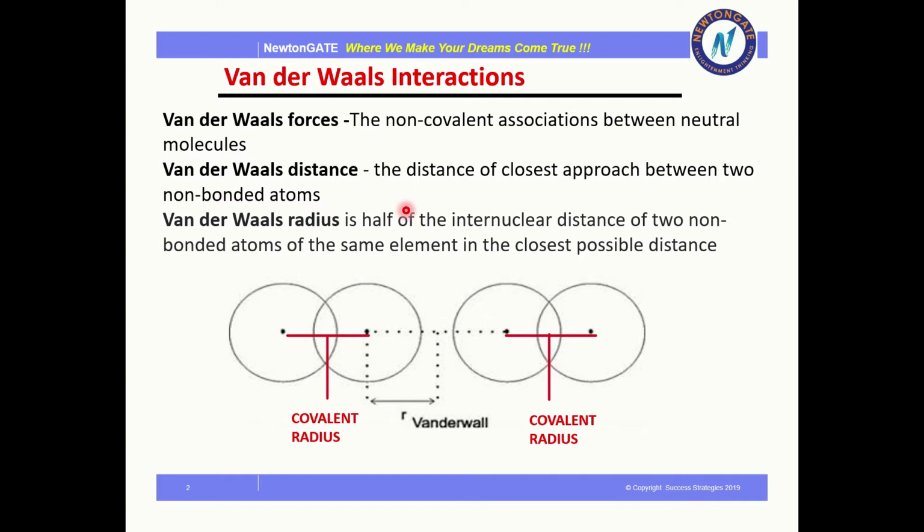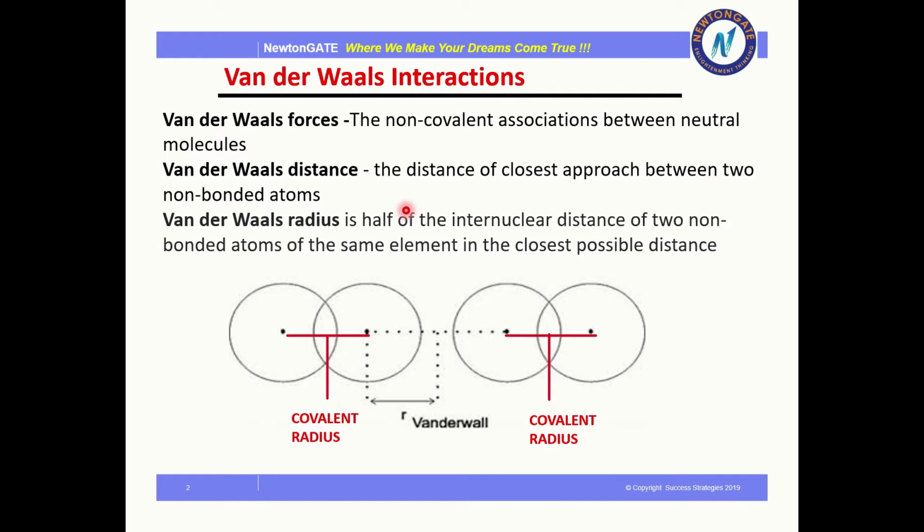So if you now keep them closer, if the distance of separation becomes less and less, their possibility of interaction will also increase, isn't it? Their probability of interaction will increase as the distance between them decreases, right?